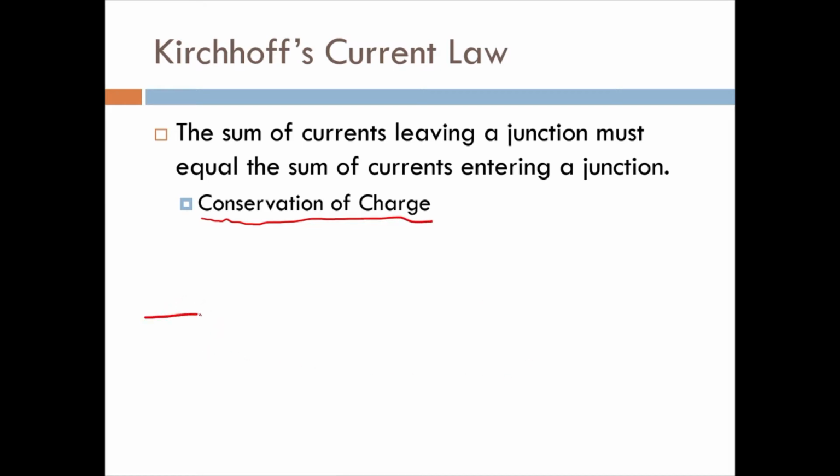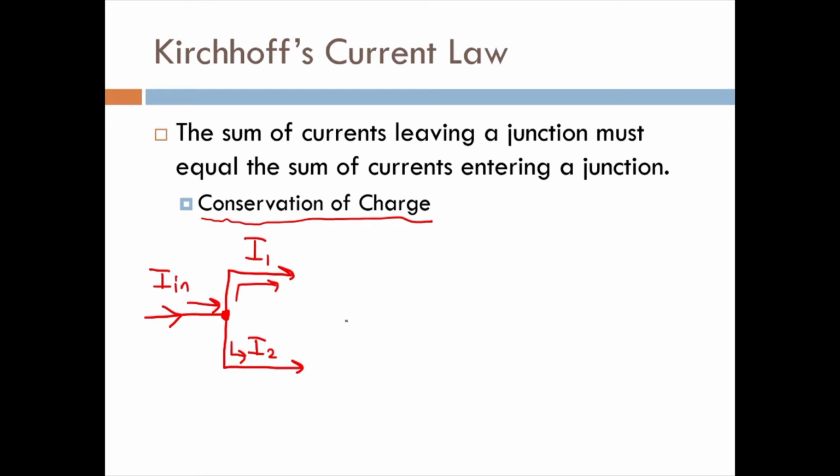A junction is basically anywhere that the current splits. So this would be an example of a junction. Let's say I have a current flowing into the junction. We'll call that I in. And then leaving the junction, I have two separate currents, I1 and I2. Because the amount of charge doesn't change once it hits this junction, the charge flowing through I1 and the charge flowing through I2 must equal the charge coming into it.